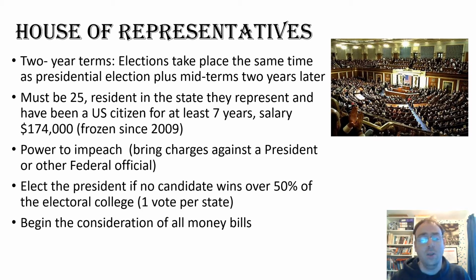Now, the House has a particular set of powers. It has the power to impeach, that's to bring charges against the president or other federal officials, and we've seen the House do this against Trump in the previous Congress and bring him to trial. The House has the power to elect the president if no candidate wins over 50% of the electoral college, and that's then done on 1 vote per state.